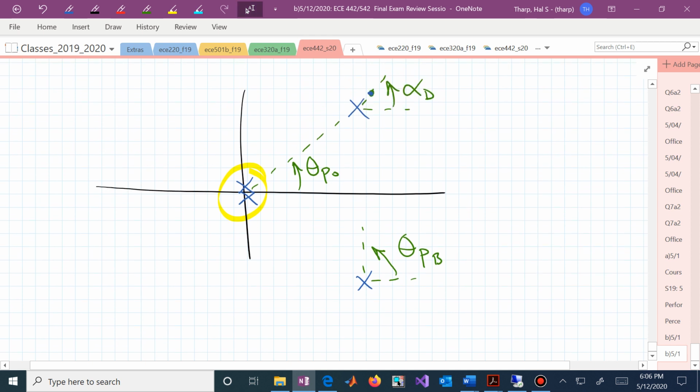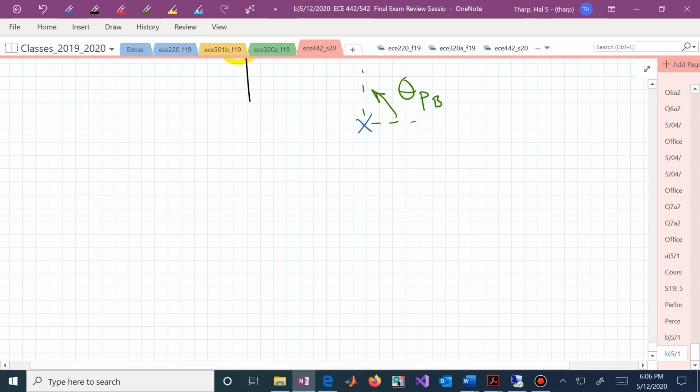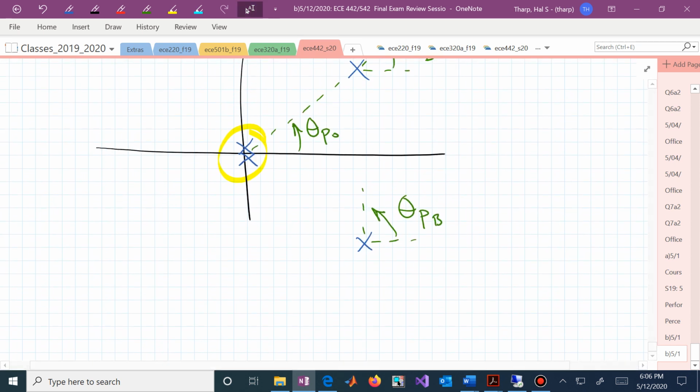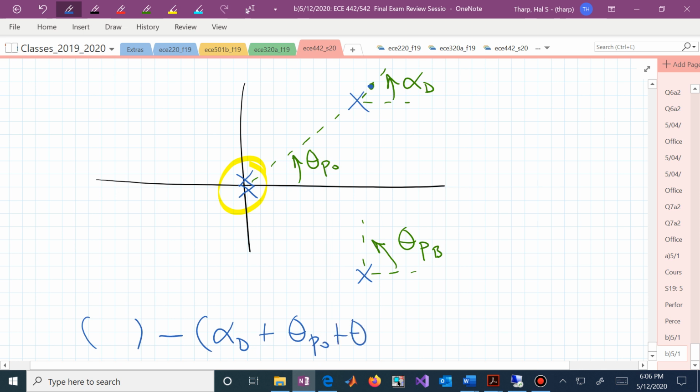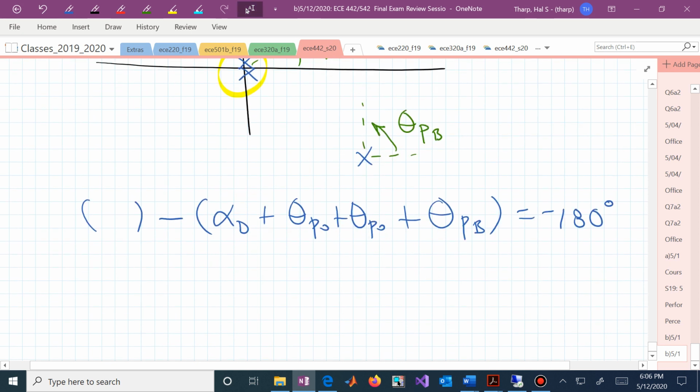The phase angle condition now says that we have no zeros minus the angles of our poles, the departure angle plus theta p0 plus theta p0. We had 2 of those. I'm trying to be explicit. Plus that pole at the bottom, those have to equal minus 180 degrees.